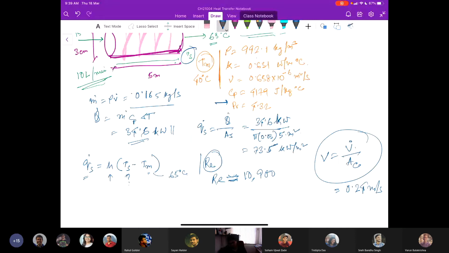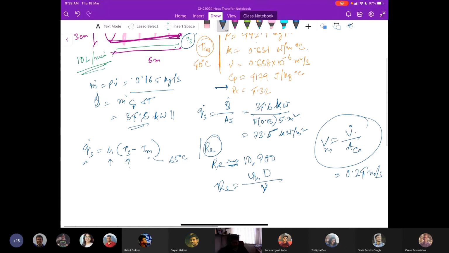So how much precision we have in this value, that would dictate our H value. So the point is now, we have the V mean, or the V superficial, whatever you can name it, times d by nu. That is my Reynolds number. Substitute the values here, you get this.